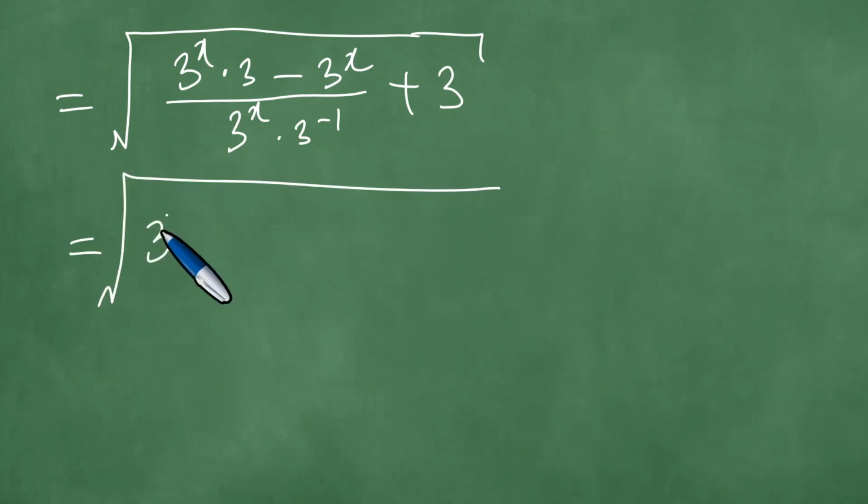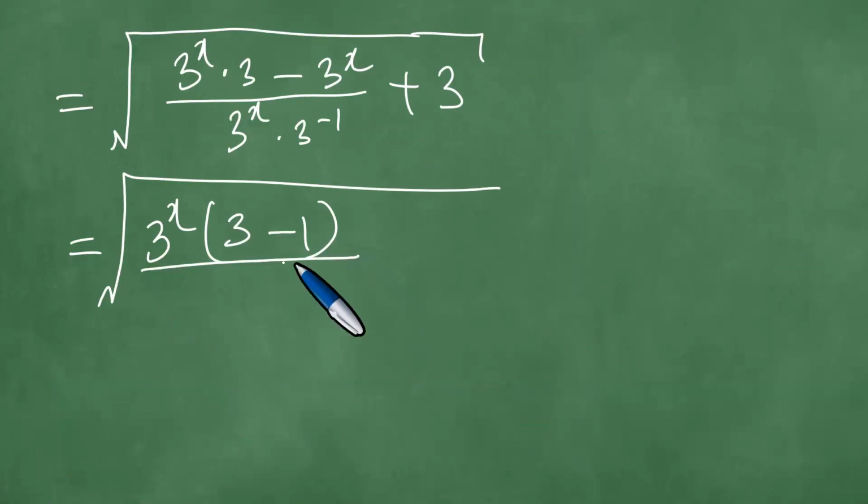Senator obviously was able to get a 3. So you pull out the common factor from the numerator, because there's 3 to the power x in the two terms, and you get exactly this one. And there is 3 to the power x times 3 to the minus 1 plus 3.